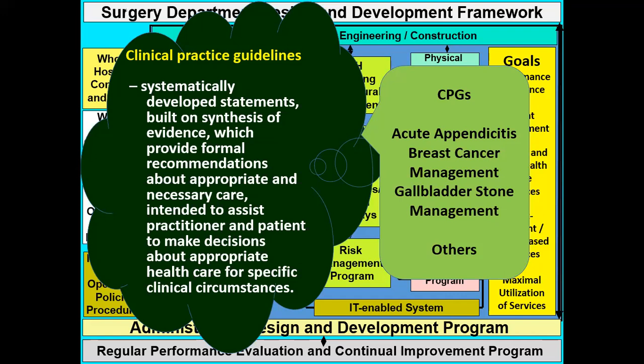Examples of titles of clinical practice guidelines are guidelines for acute appendicitis, breast cancer management, gallbladder stone management, etc. So these guidelines must be formulated, be present in the department, and then approved and concurred by all the department staff.